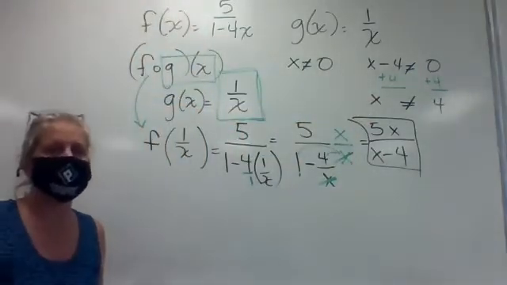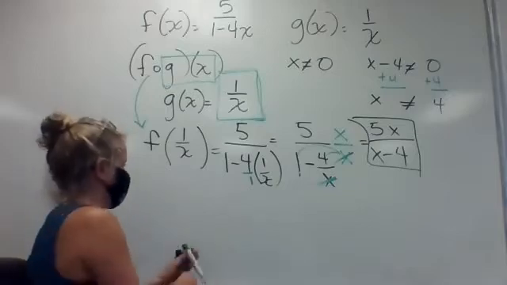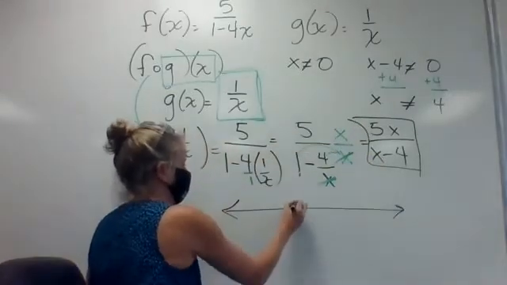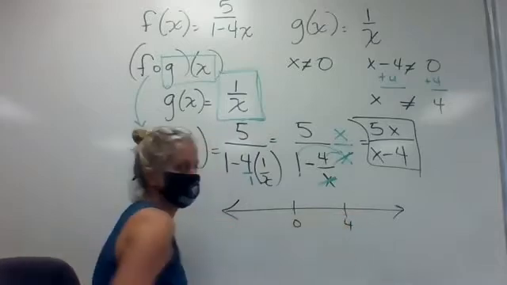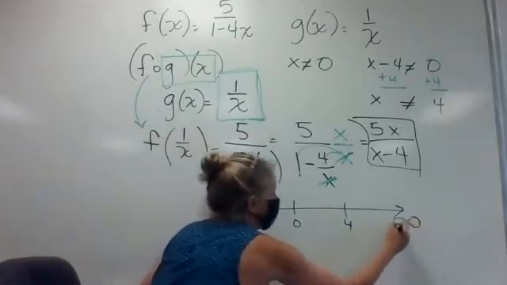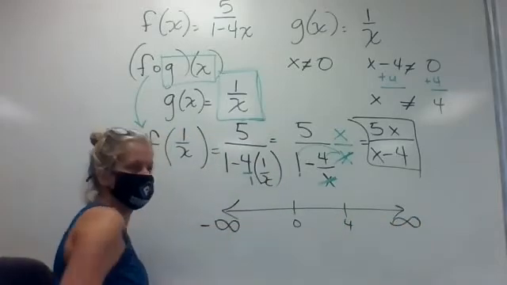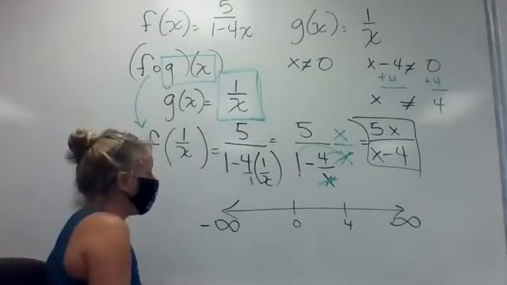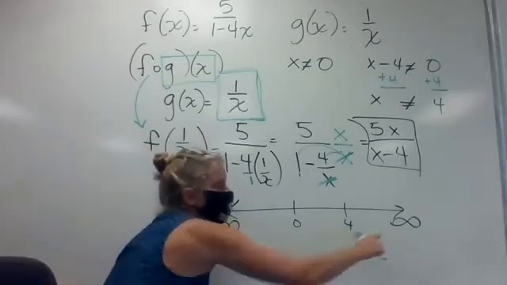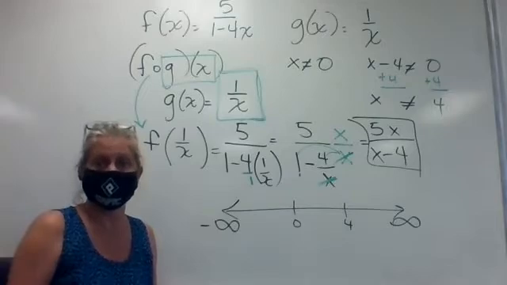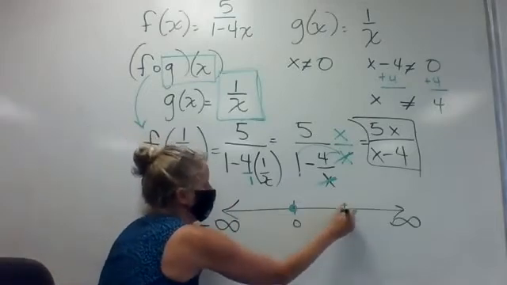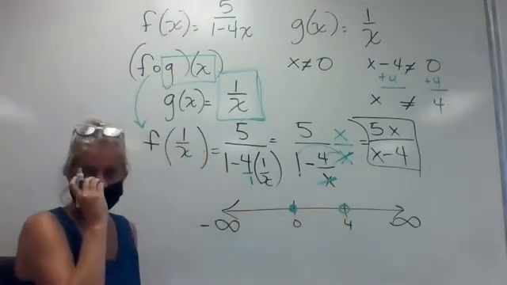Now, once in interval notation, again, it is multiple choice. So let's think about the number line again with those 2 restrictions on it. So there's infinity, there's negative infinity. Every number from negative infinity to positive infinity is good, except 0 and 4.